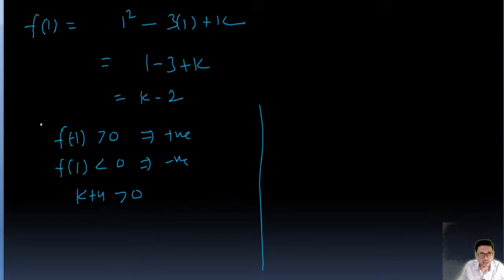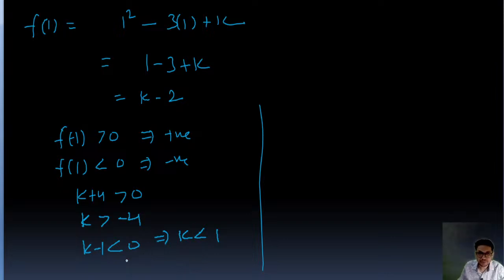That implies k should be greater or equal to minus 4. And similarly f(1) is k minus 2, which should be less or equal to 0, that implies k should be less or equal to 2.